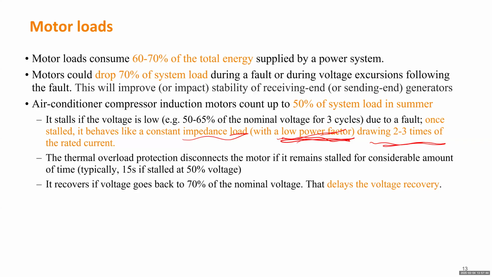So what happens is, usually you have a normal voltage, but some fault, or maybe a number of faults, happen. That makes the voltage in one area very low. That will make the induction motor near the fault stall. Once it's stalled, it will behave like a constant impedance load, but with very low power factor and need a lot of reactive power. Then it makes the voltage in that area even worse.